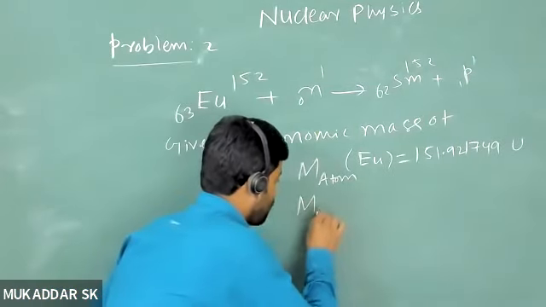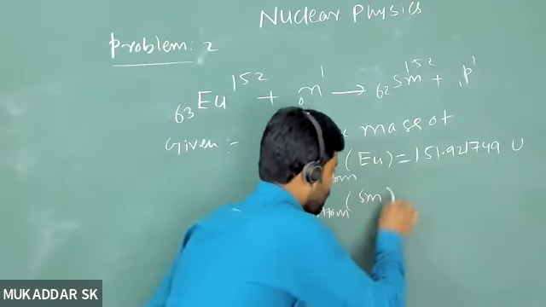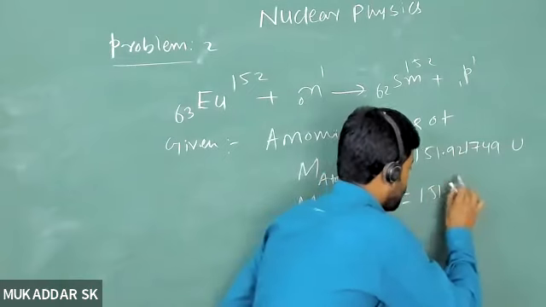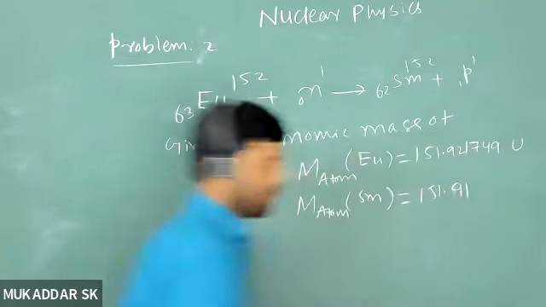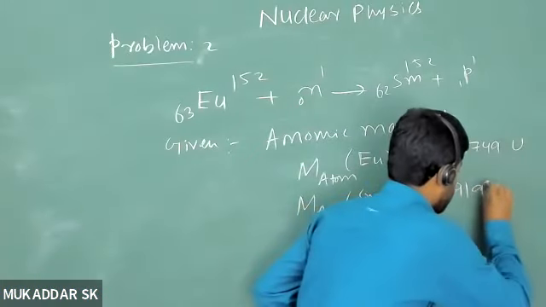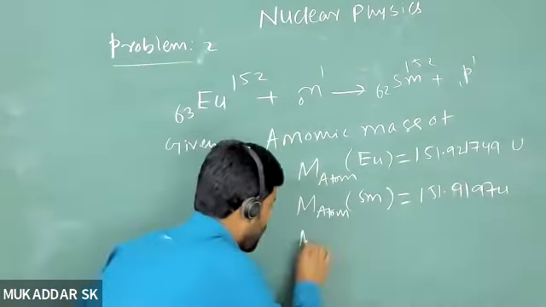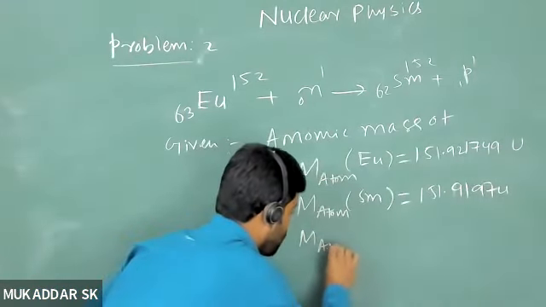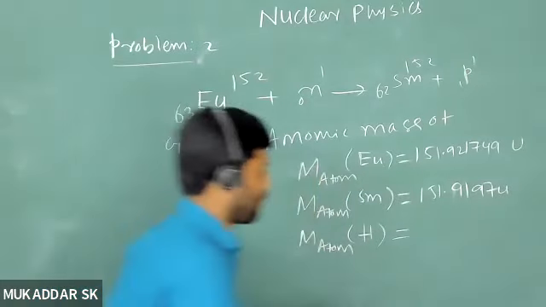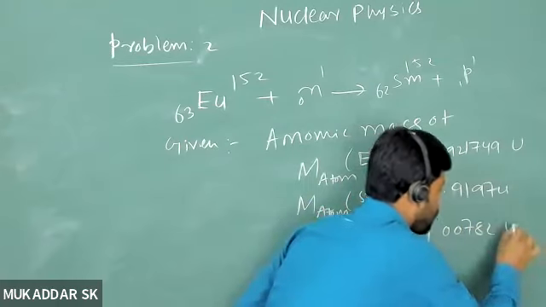Also they have provided you atomic mass. M atom means atomic mass of SM, that is 151.9 on 975. Okay, they have provided you the atomic mass of a hydrogen atom, 1.00782 atomic mass unit.